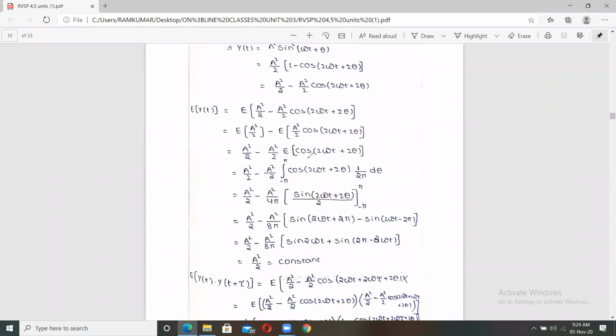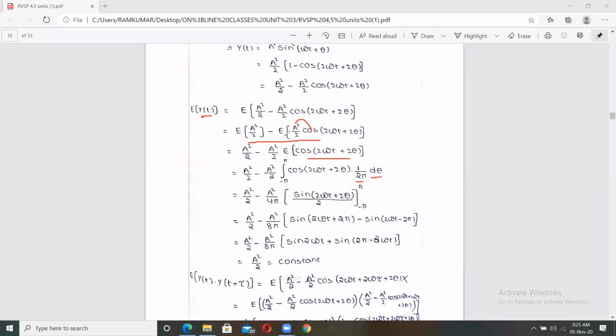E of x of t is equal to the integral from minus pi to pi of f of x into 1 by 2 pi into d theta, right? What he is doing is first expanding the expectation term.